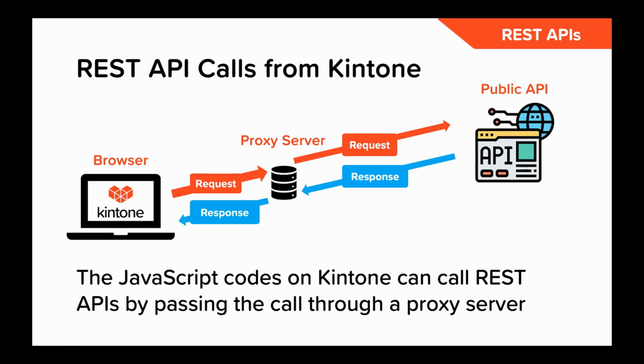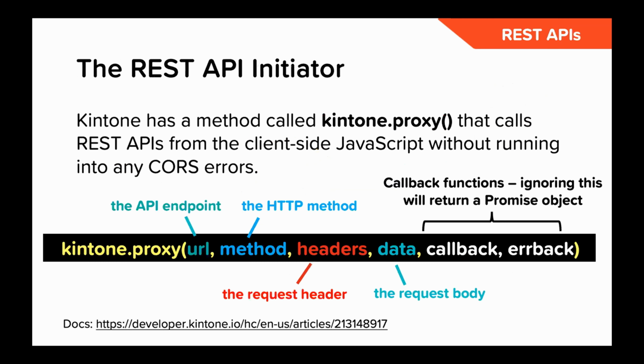And so that proxy method, kintone.proxy, is going to allow you to call REST APIs from the client side without running into CORS errors. The method is displayed over here, and it is pretty much what you would expect from a method that calls REST APIs. You need the address of the place you're going to, right? If I'm requesting a package from somewhere, I want to know where am I going?